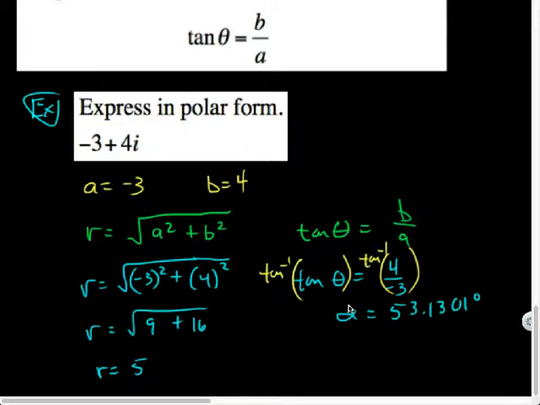And if I wanted to find theta, I've got to ask the question, which quadrant was I in? Well, it was -3, 4, so back 3, up 4. That's the second quadrant. So to figure out theta, I would just do 180 minus this.